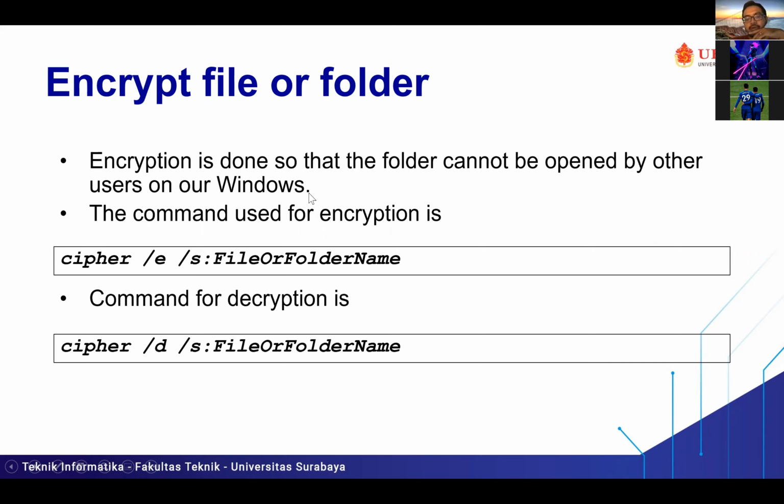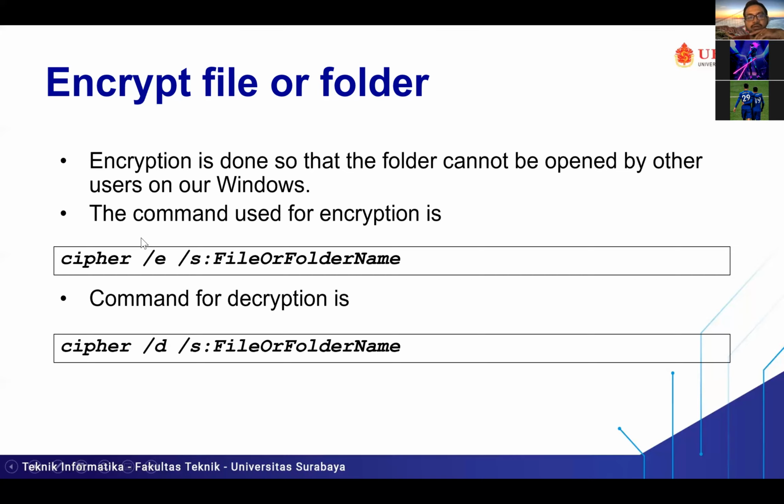For example, I log in to my Windows operating system as the Naval user. If any other user logs in to my computer, I don't want those users to access my file or folder, right? So we can just encrypt our file or folder.